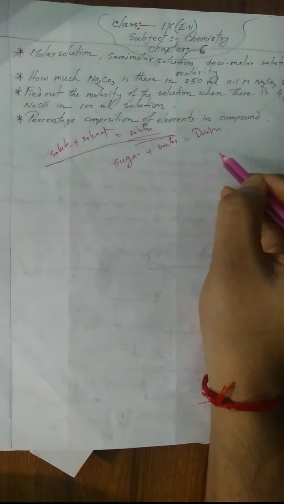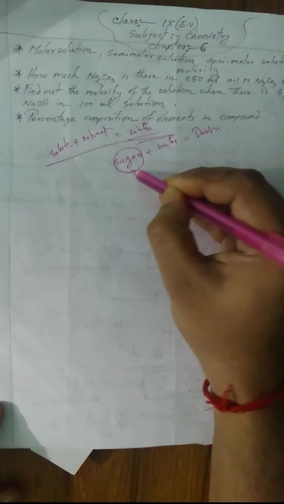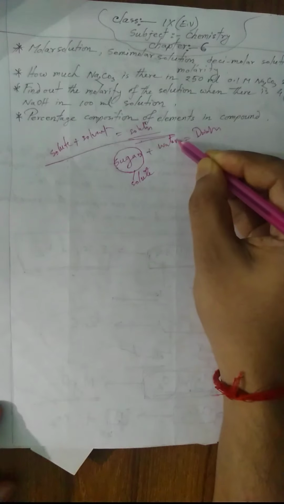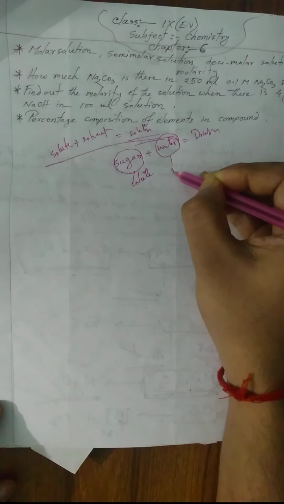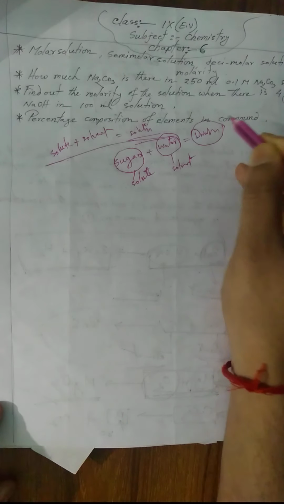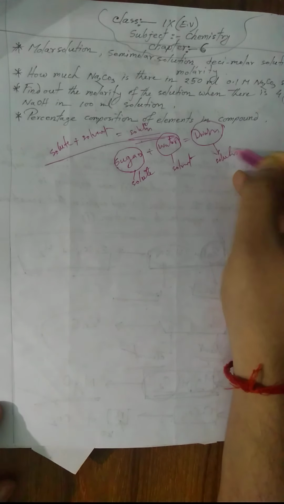So in this case sugar is solute, water is solvent and drinks is solution.